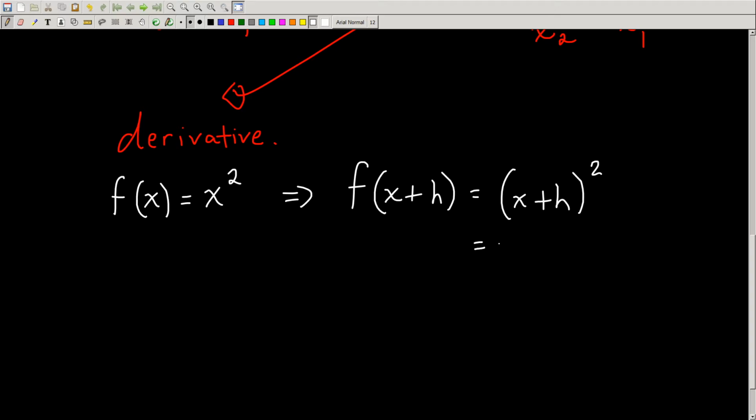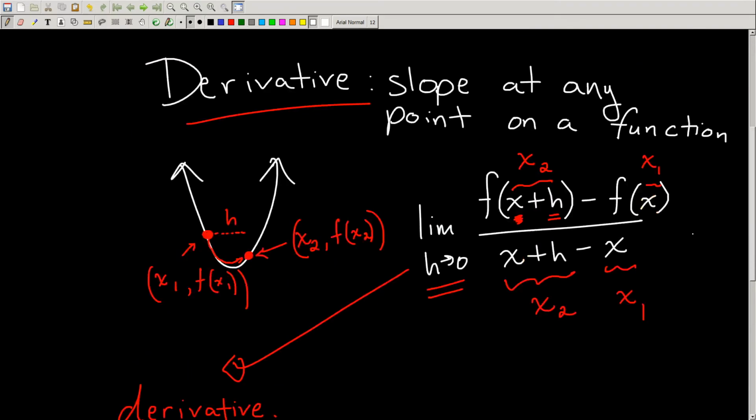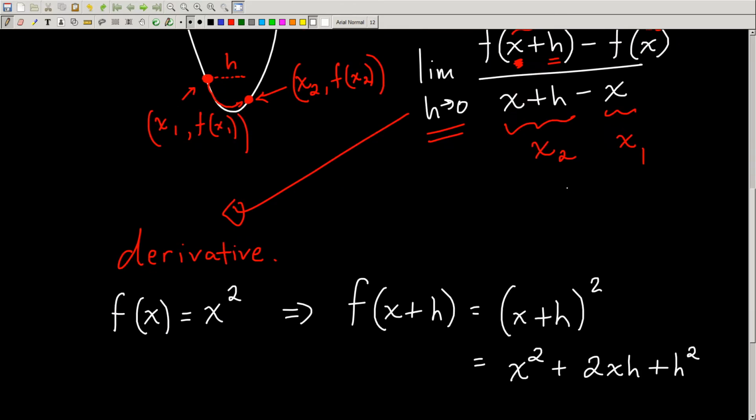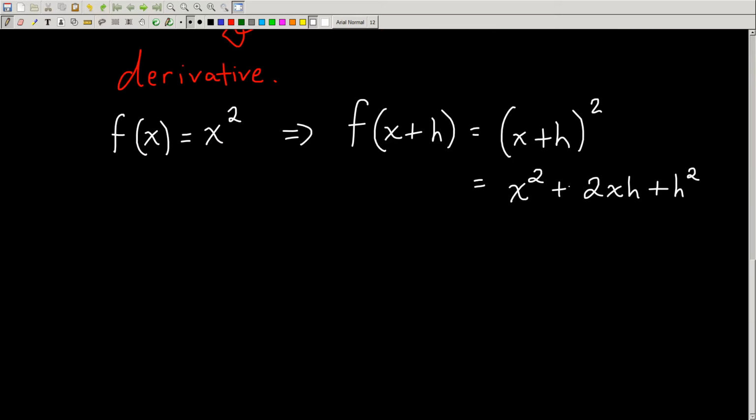And if you perform some expansion on that, you'll know that it's x squared plus 2xh plus h squared. This is just using FOIL. Now all I've done is evaluate this expression, and I'm just assembling the quantities in my actual limit.